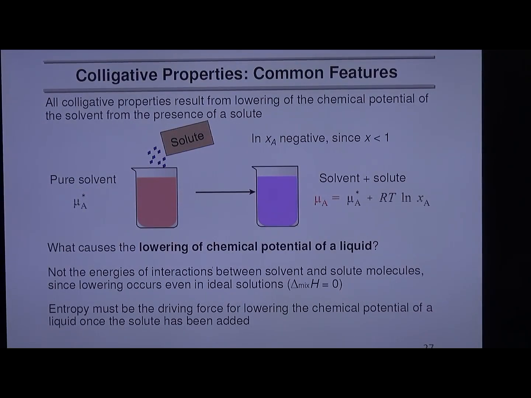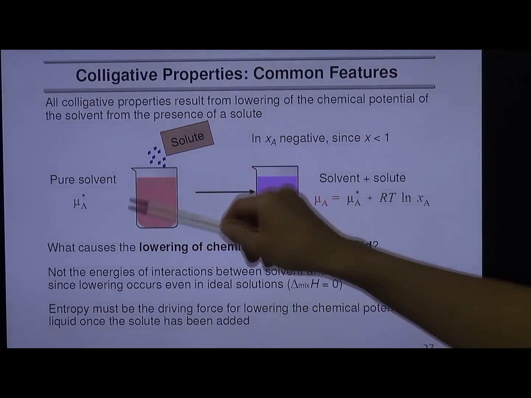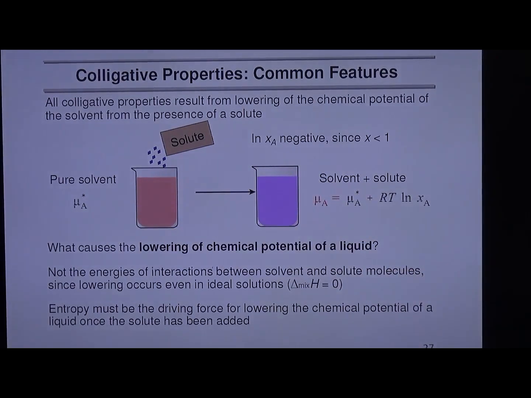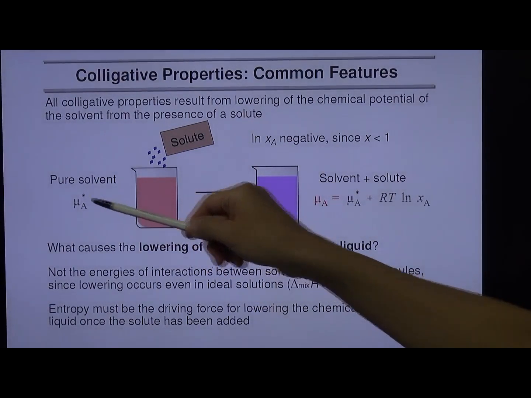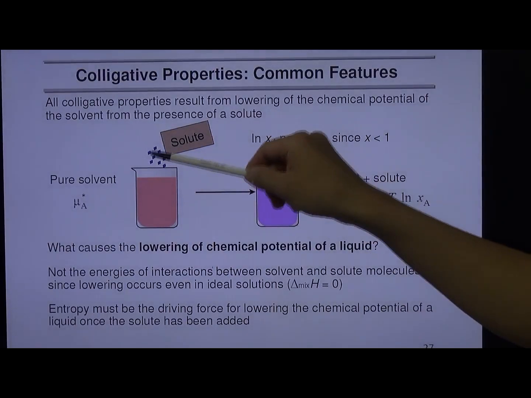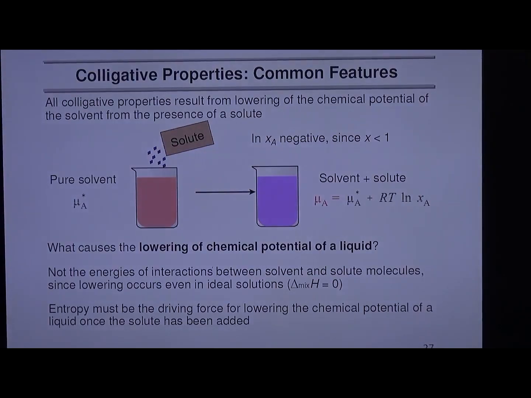So, let's start. What would happen if you put a non-volatile solute? We already have seen it. We have pure solvent. Okay. Pure solvent has chemical potential, mu A star, when it's pure. We put some solute which is non-volatile. Okay.